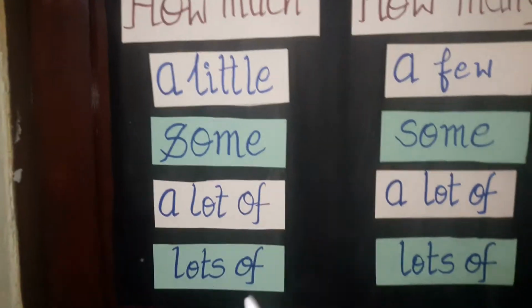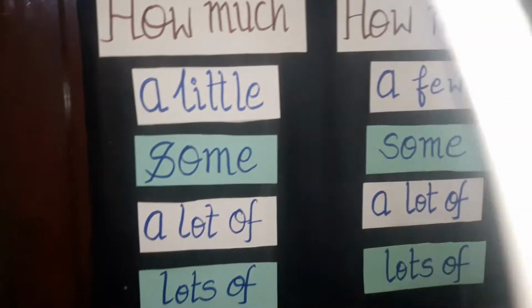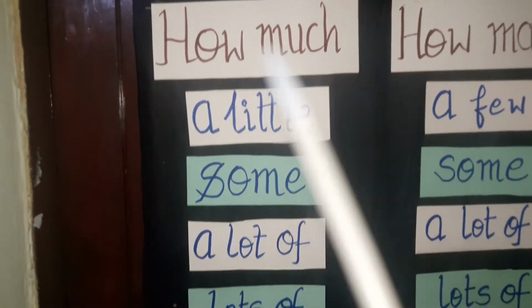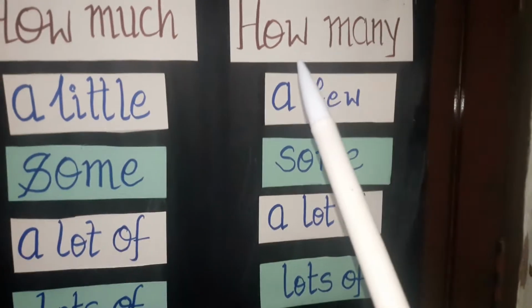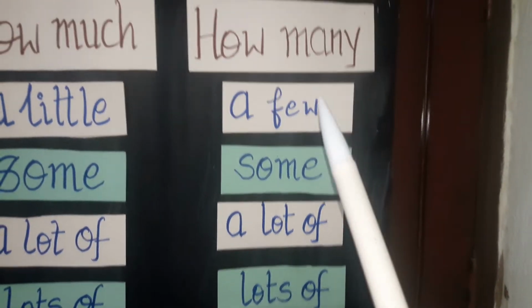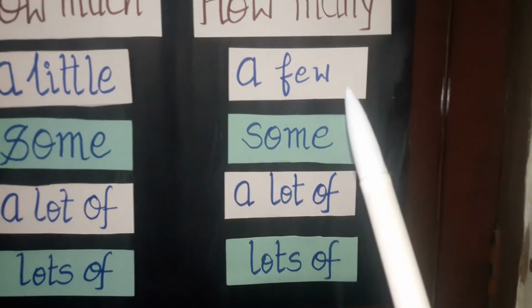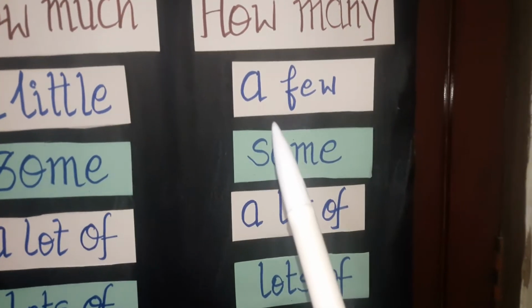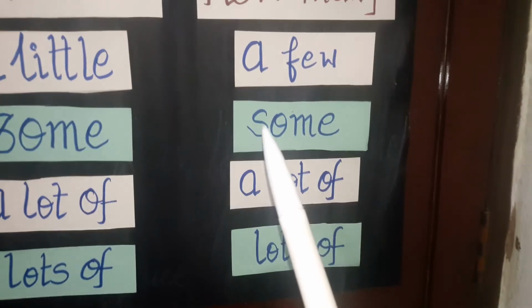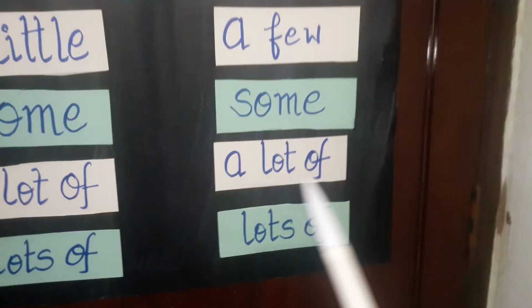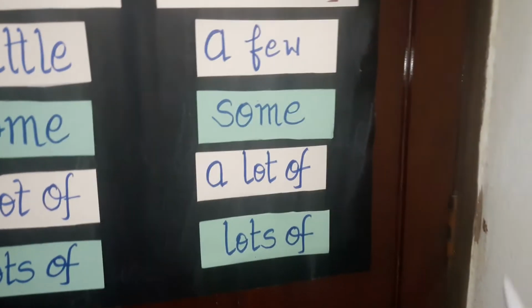So by using these four words you can give the answer to how much of a substance is there. Similarly, if we have how many, like how many books are there, how many pencils are there, in that case you will say a few, some, a lot of or lots of.